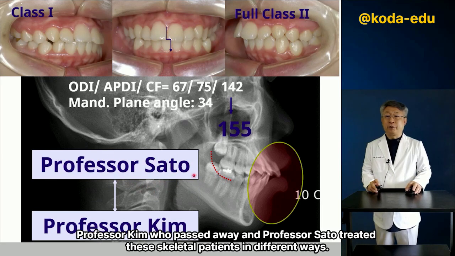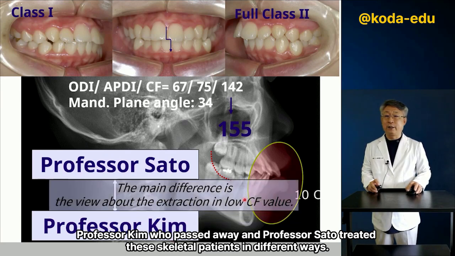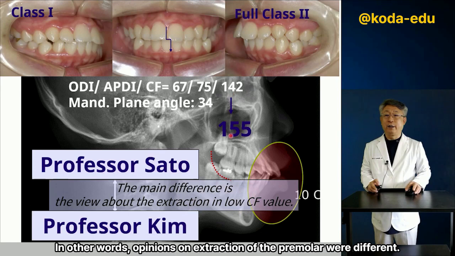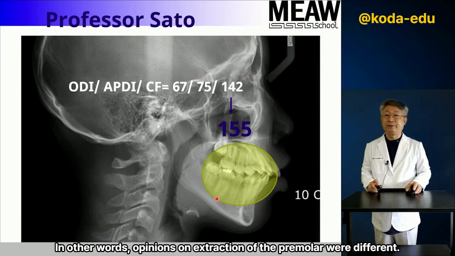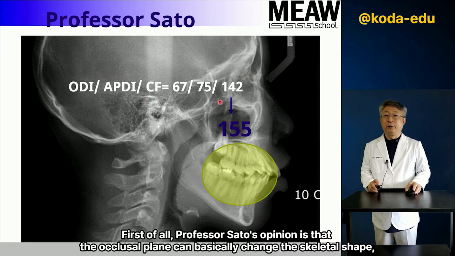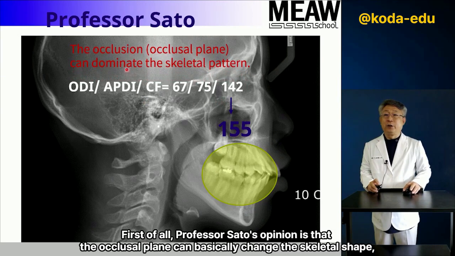Professor Kim, who passed away, and Professor Sato treated these skeletal patients in different ways. In other words, opinions on extraction of the premolar were different. First of all, Professor Sato's opinion is that the occlusal plane can basically change the skeletal shape.